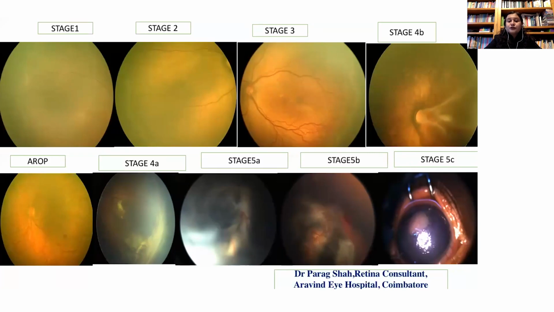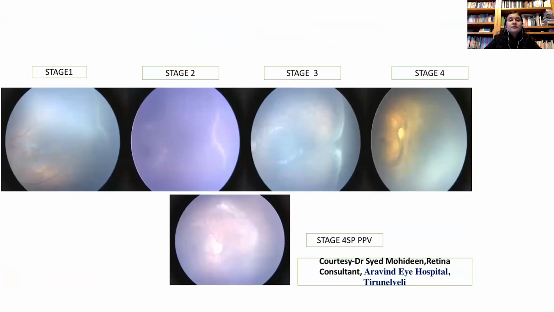I am very grateful to Dr. Paraksha for sharing this picture, and Dr. Paraksha was one of the eminent pediatric retina specialists who was involved in the ICROP3 classification. These are again more prominent pictures of stage 1, stage 2, stage 3 and stage 4, and this picture is of stage 4 which is suggestive of pars plana vitrectomy, and thanks to Dr. Syed for sharing this.